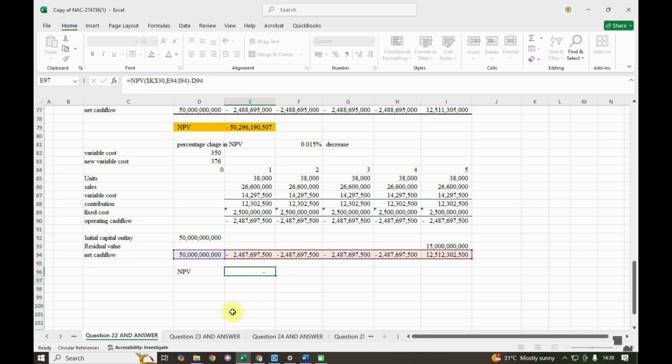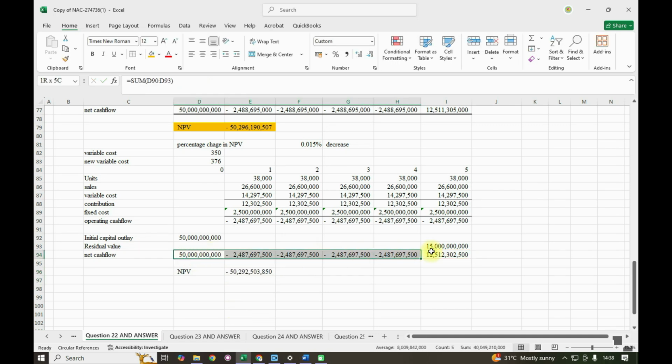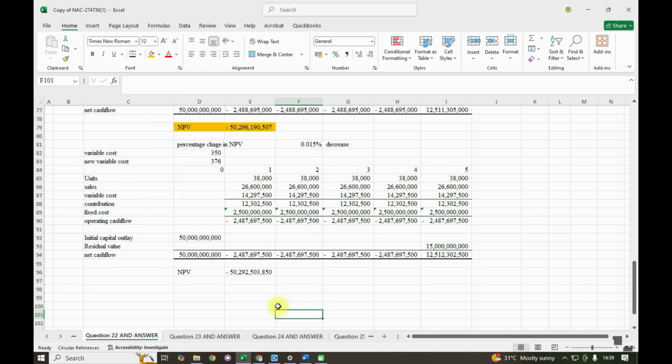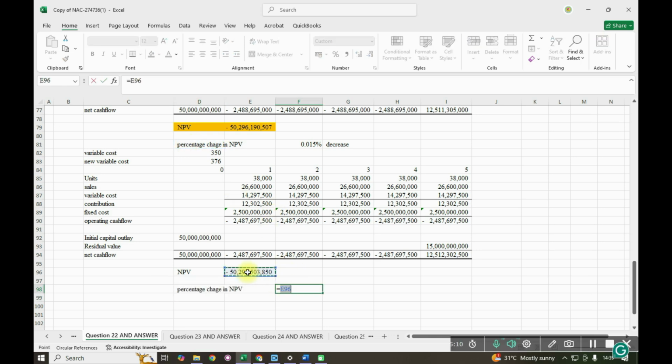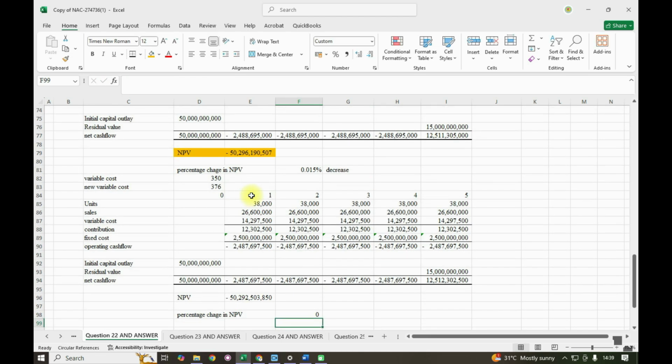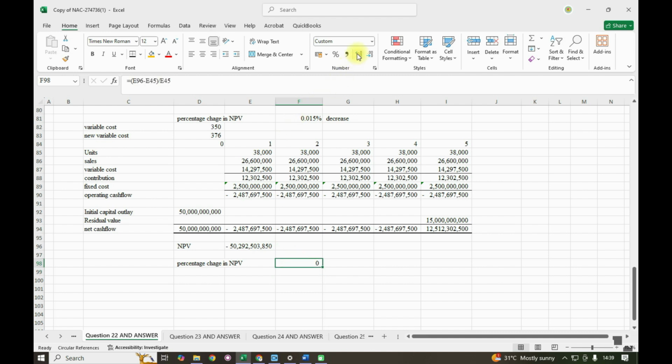So in this case, it has captured even the rate that way. So percentage change in NPV shall take this value. You minus the base and you divide by the base, and you enter this one, and so it's supposed to be in percentage.